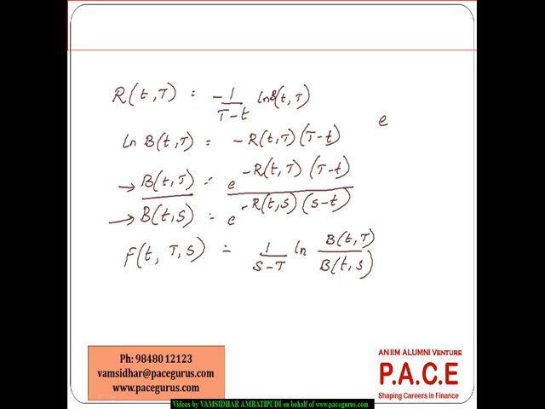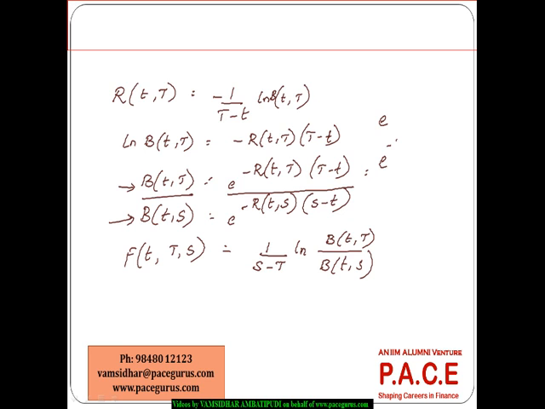So this is the value of the interest rate between T and S time periods. So basically if you expand this, this is directly f(t,T,S).